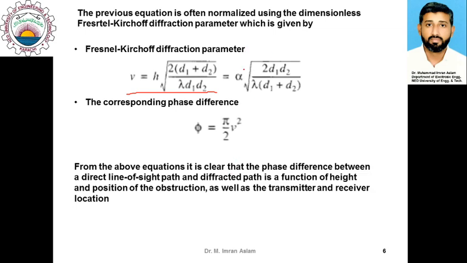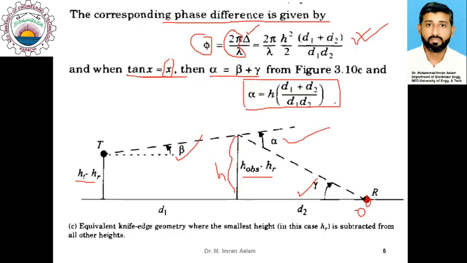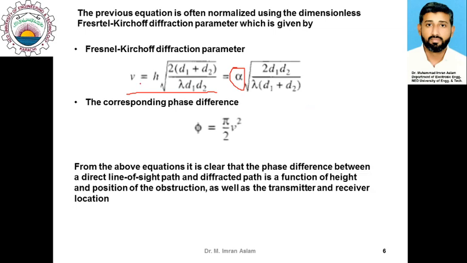This can be represented in terms of alpha, which we have shown in the previous slide: h(d1 plus d2) upon d1 d2. We can represent nu in terms of alpha by using this relationship, and similarly the phase difference can also be represented in terms of nu, which is phi equal to pi by 2 nu square.